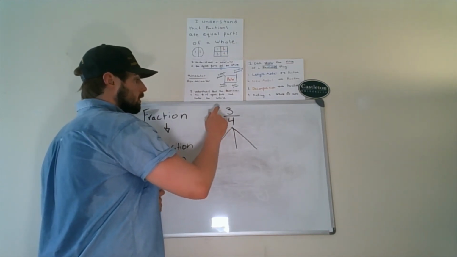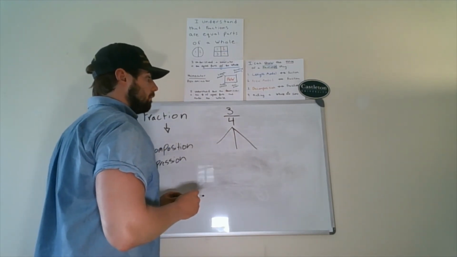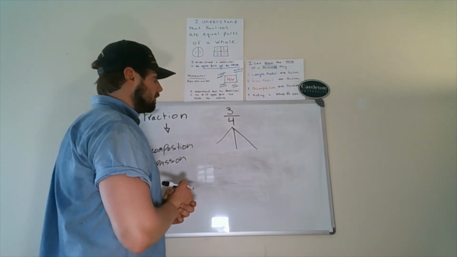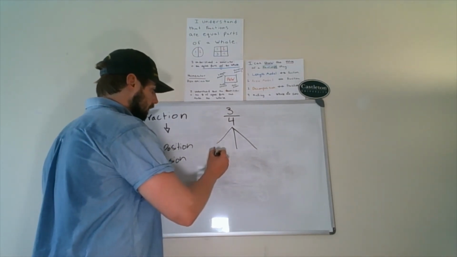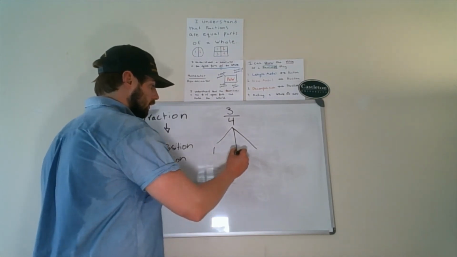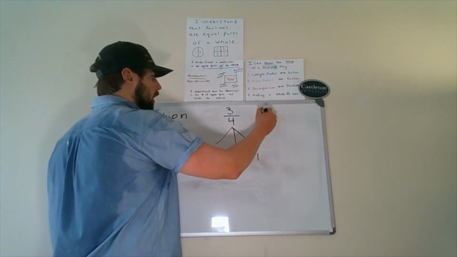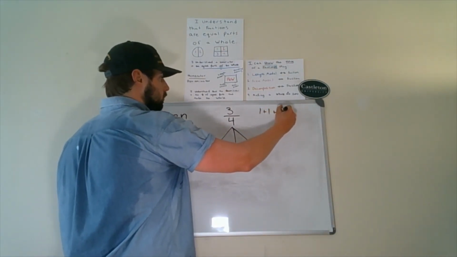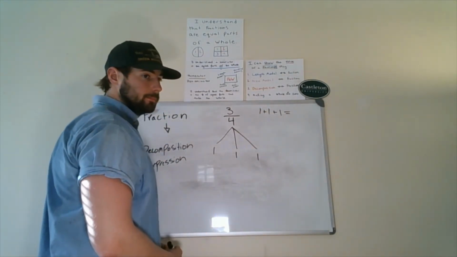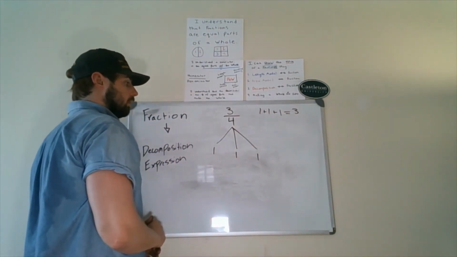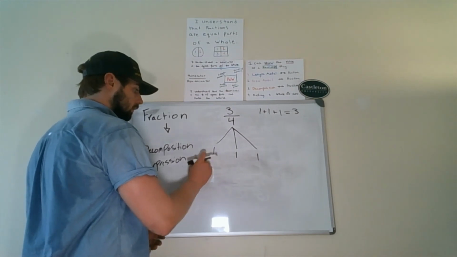We're talking about 3/4. If I were to decompose this fraction, I would have 1, another 1, and another 1. I know 1 plus 1 plus 1 equals 3.